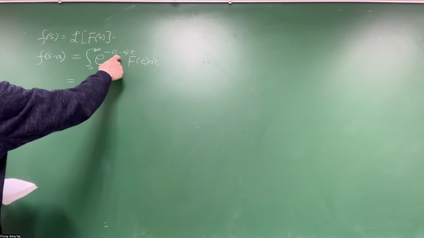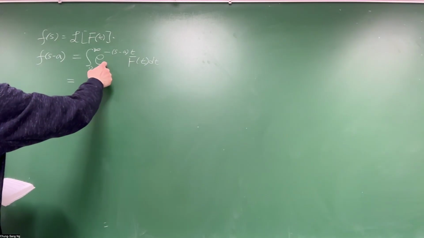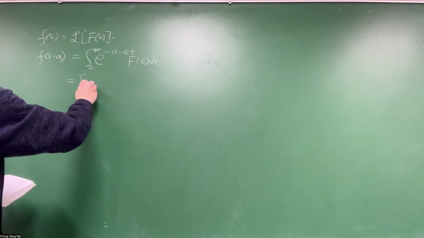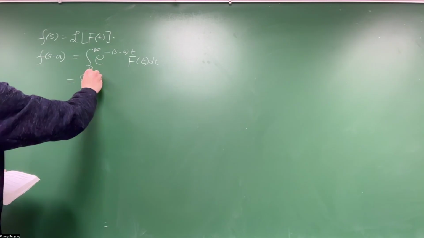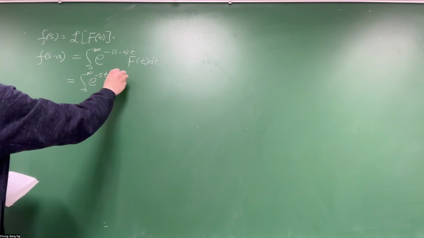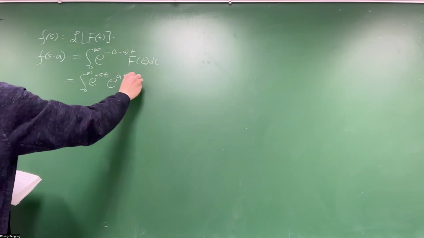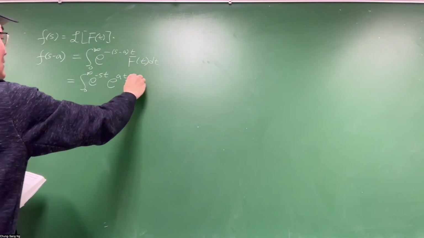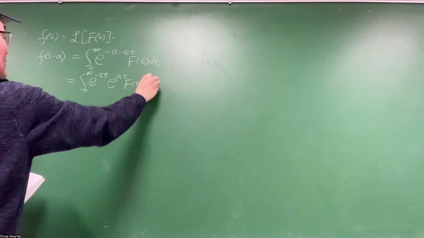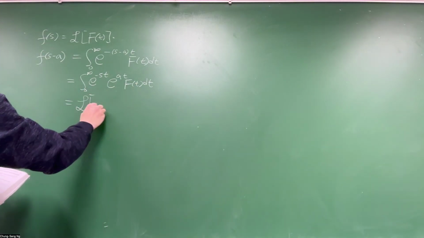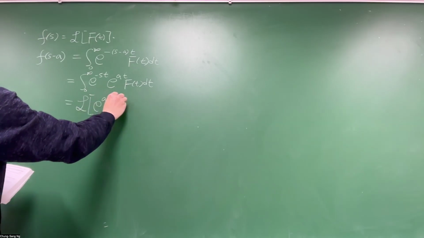It's not exactly a change of variable. It's just multiplying this out: e to the minus st, then the exponential function e to the at, and f of t dt. So by definition that is just the Laplace transform of e to the at times f of t.